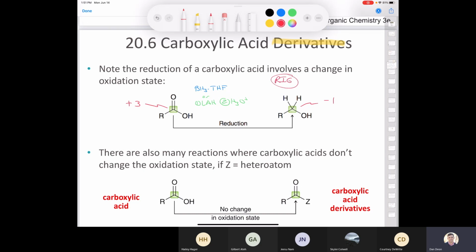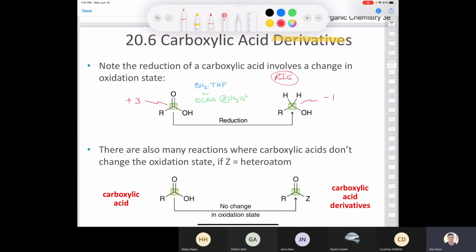So this is clearly a reduction, but there's lots of reactions that we're going to look at in this chapter where the carboxylic acids will not change oxidation state. For example, whenever you do a reaction with a carboxylic acid and you exchange the hydroxyl for a heteroatom.